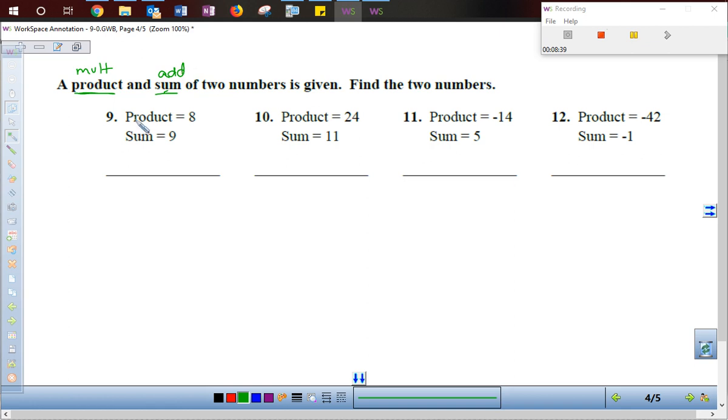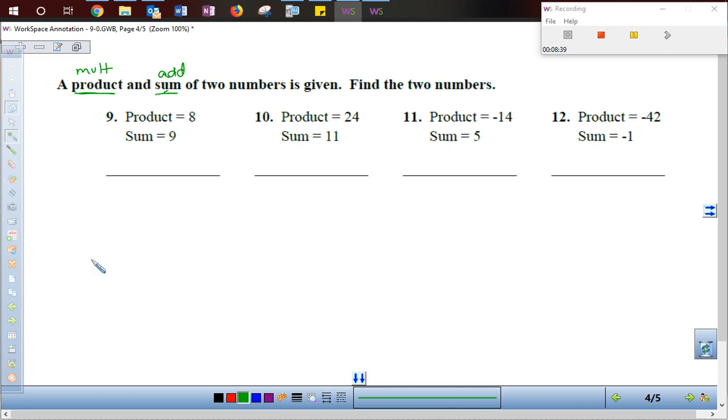On number 9 it says find the 2 numbers that have a product of 8 and a sum of 9. So we could sit here and we could list out all of the kinds of numbers that would add together to give 9, but we would be here all day because we could say 1 and 8, or 2 and 7, or 3 and 6, or -12 and 3, or -12 and 15.